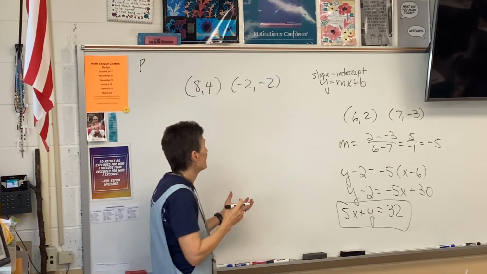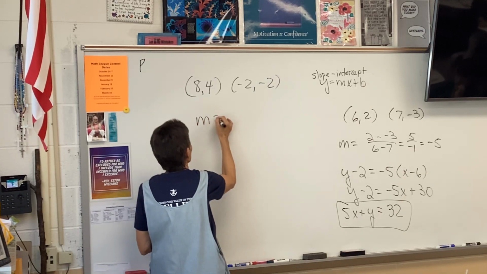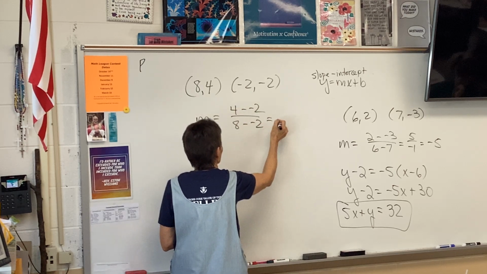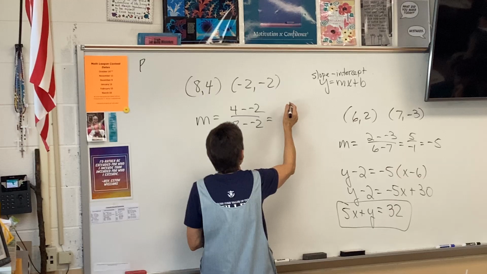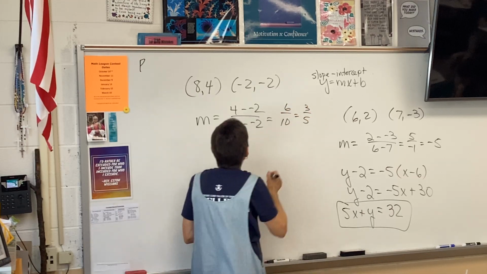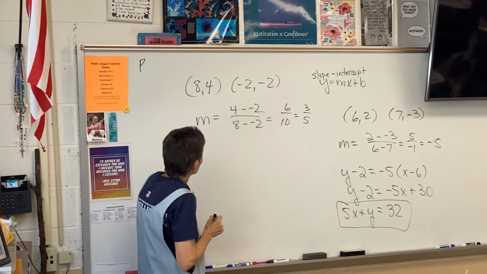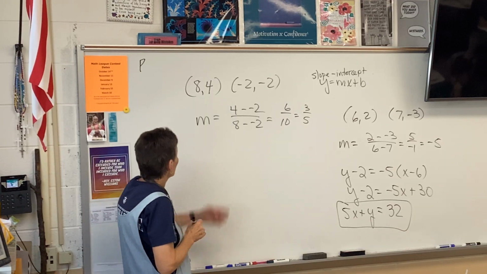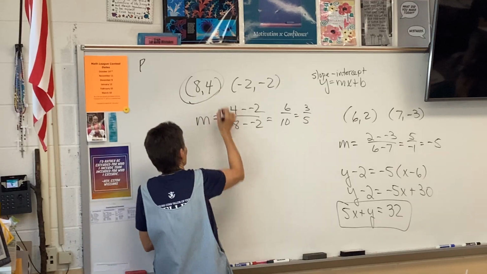So I'm going to go ahead and find my slope. Which is what? 6 3/5? Make sure I got that right. Then I'll pick a point. I'll just pick this one.